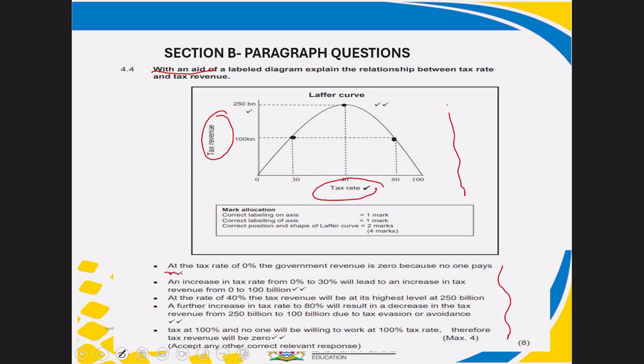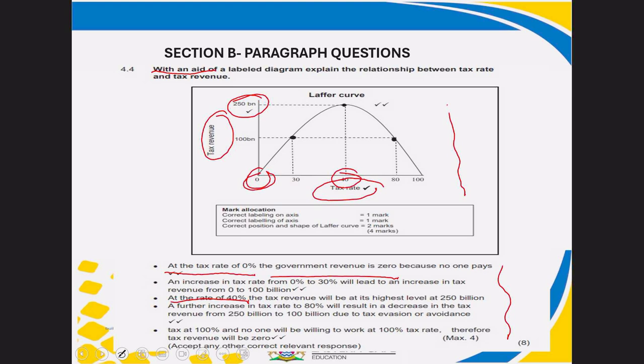So much that when you explain, take for example the first point, at the tax rate of 0%, there is the 0%. The government revenue is also 0 because no one paid what? Tax. Now, if we say at the rate of 40%, we should also see the 40%. The tax revenue will be 250 billion.